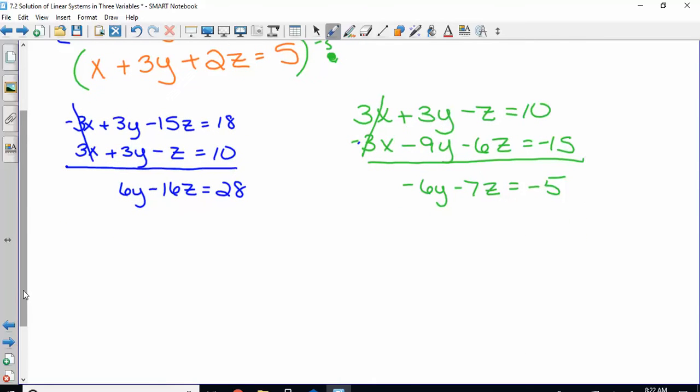Now I have two equations with both a y and a z. So I have to put those together and eliminate something. What's the easy choice? Yeah. My y's will already cancel if I just put those two equations together.